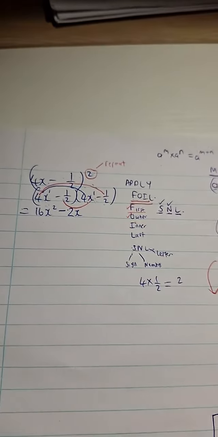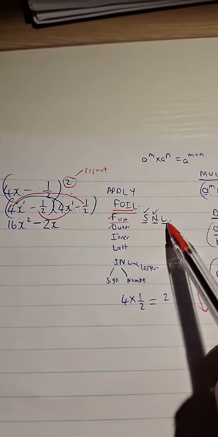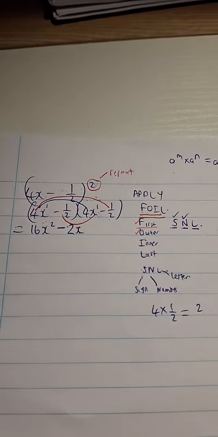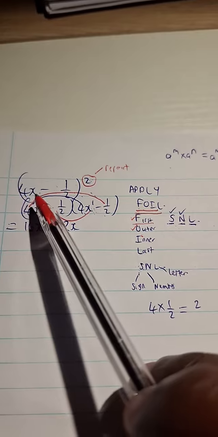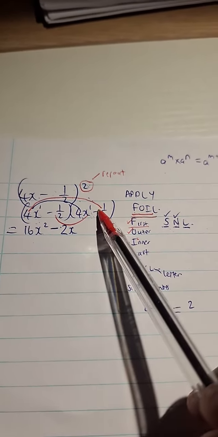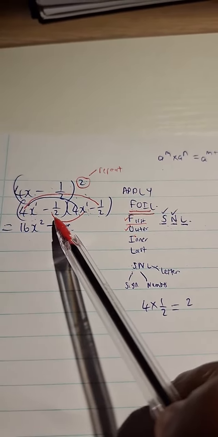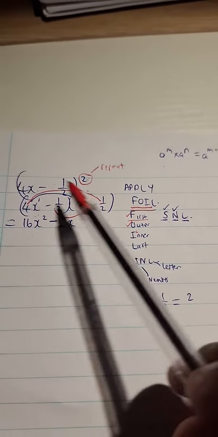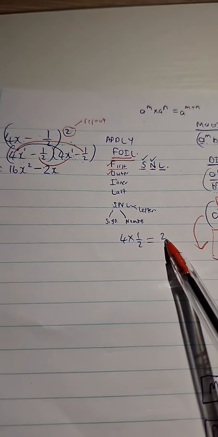Now we take negative half, we distribute to 4x. We do the same thing, we apply S and L. How do I get negative 2? Listen to me. Firstly, a positive times a negative gives a negative. That's the sign. Then we follow the number. 4 times a half is a positive 2.